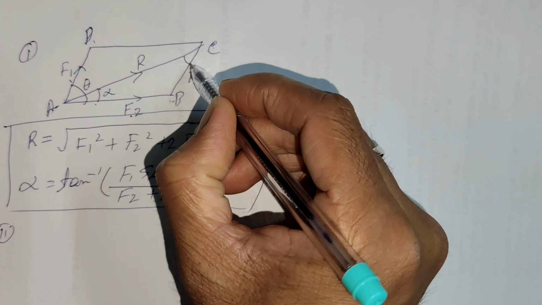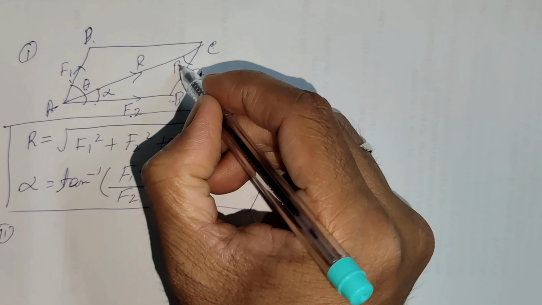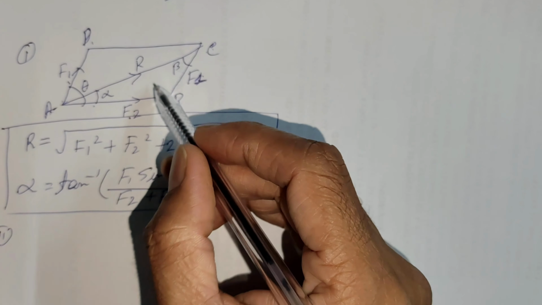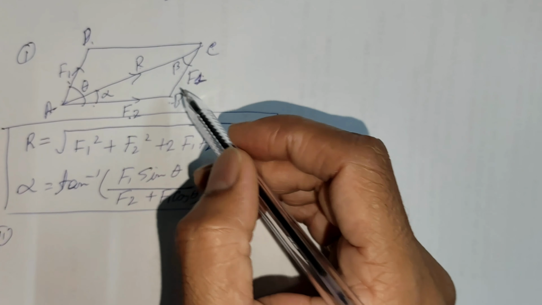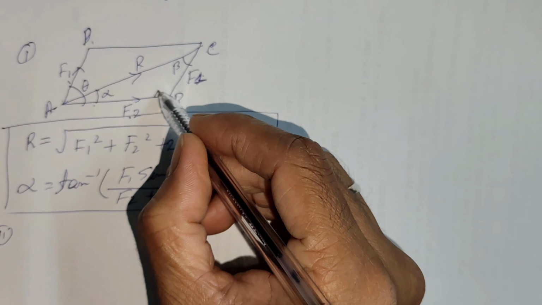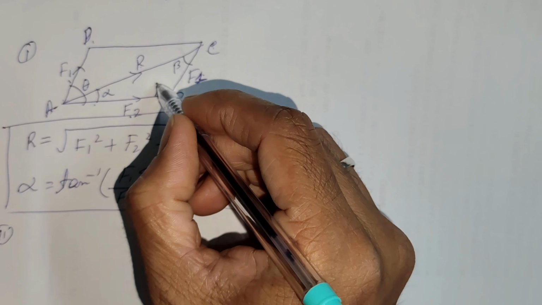Suppose this angle is beta, and this force which is R is divided by the sine of this angle, suppose gamma.